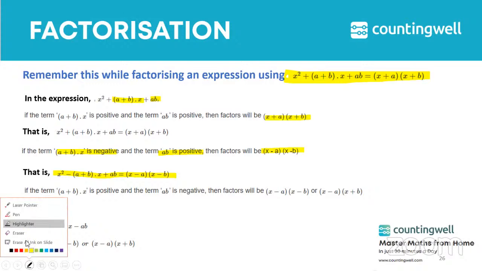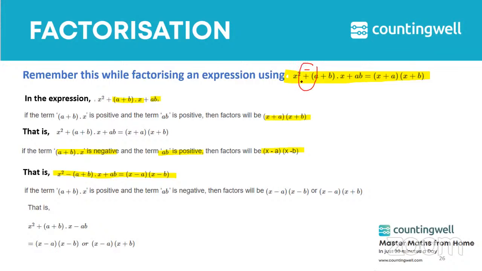So the thing to remember is whenever you have a minus sign here, x square minus (a plus b) into x plus ab, you have to take a minus sign in the factors, or conversely, you can take (x minus a) into (x minus b) equals x square minus (a plus b) into x plus ab.